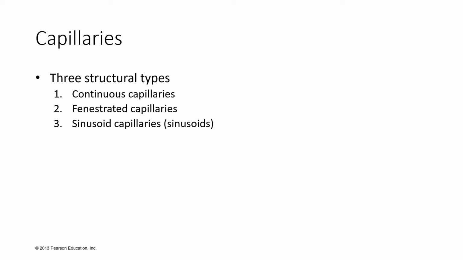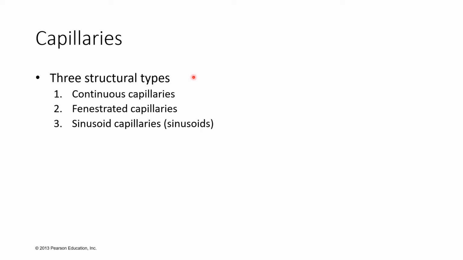So we have some capillaries that are very highly permeable, allowing large cells to pass through them. And we have capillaries that are not that permeable, and they're only going to allow things like fluids and small solutes to be able to pass through them.